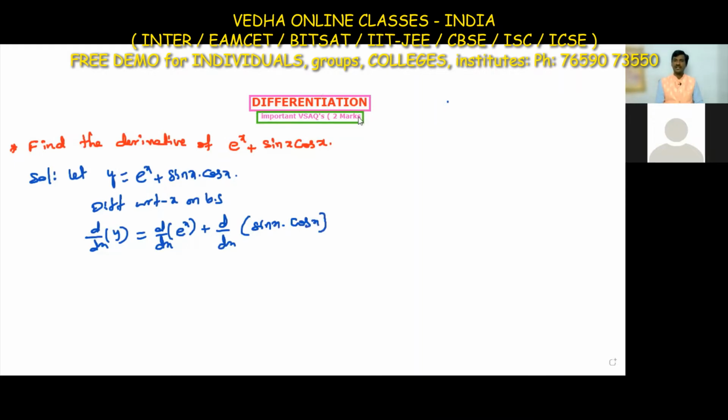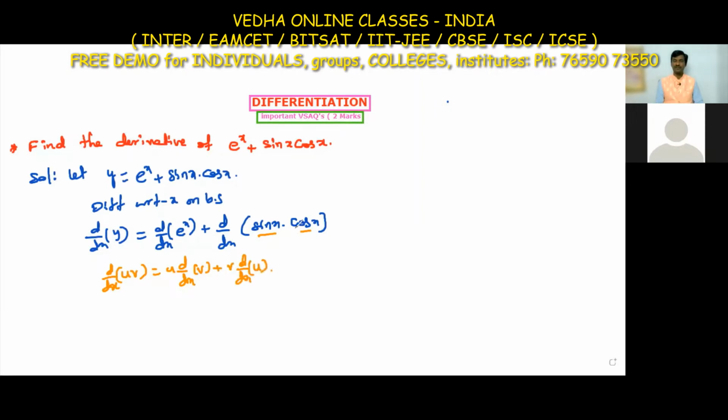Okay, in the second term we have u and v, the function in the form of u and v. So d by dx of u into v is equals to u outside d by dx of v plus v outside d by dx of u.